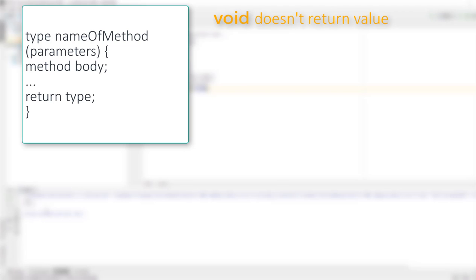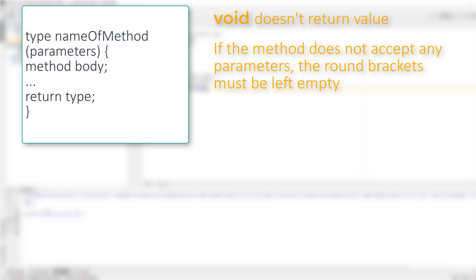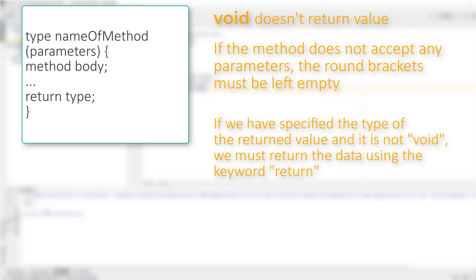If the method does not accept any parameters, the round brackets must be left empty. If we have specified the type of the returned value, and it is not void, we must return the data using the keyword return. Also, the data type of the returned data must be exactly the same as the one we specified when we were declaring the method.